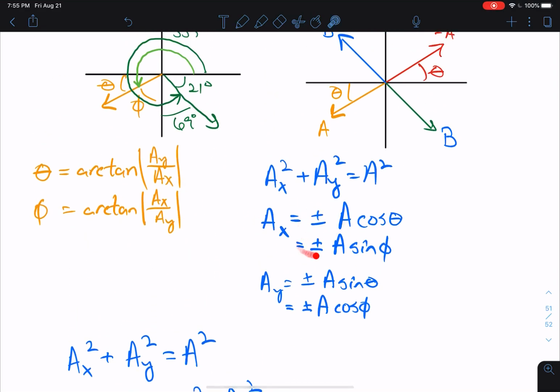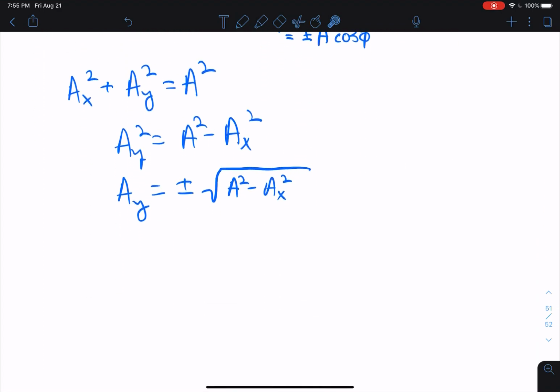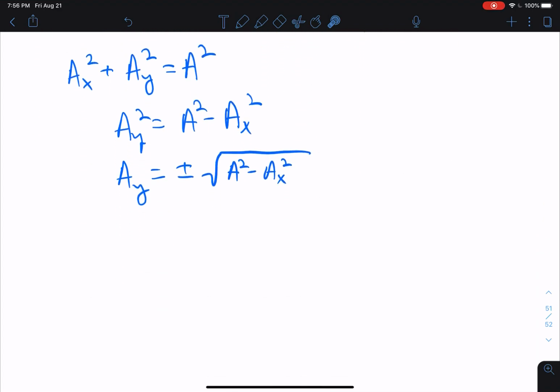You have to choose whether these are plus or minus. That's based on where your vector is, what quadrant it's in. If you don't already know the x component, you have to draw it ahead of time so you know whether the components are positive or negative. But going back to here, we were only told the magnitude and, in this case, say the x component, so I don't know if y is positive or negative.